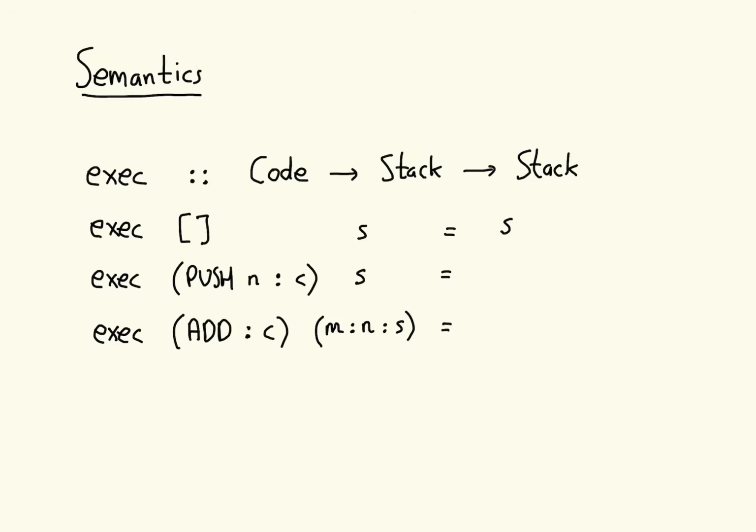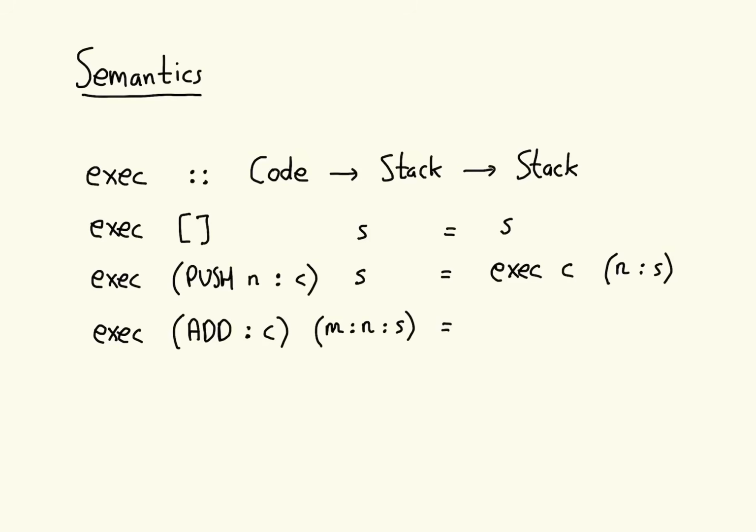All we're going to do is we're going to execute the remaining code C, but we will take a different stack. We will put the value N, which we want to push, onto the stack that we already had, and then we'll call the execution function with this new stack. So again, very simple.